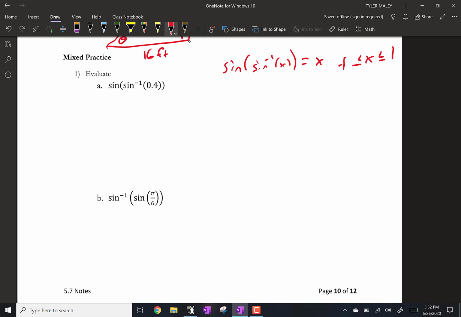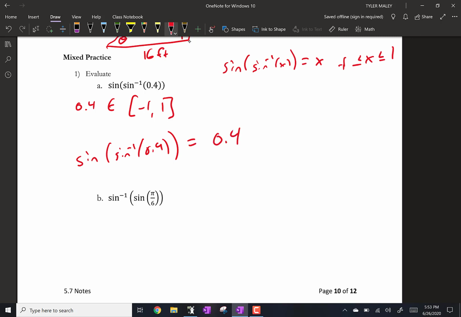In this case, we're good, 0.4 is within the interval -1 to 1. So sine of inverse sine of 0.4, these just cancel each other out, and we're left with just 0.4.